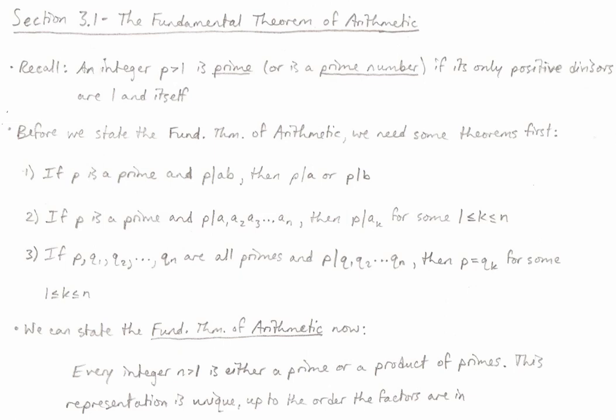But before we get into the actual statement of the fundamental theorem of arithmetic, we need to define some terms, and we need to talk about some smaller facts that will get used. So recall the definition of a prime number. You've all heard of prime numbers. An integer p greater than 1 is prime if its only positive divisors are 1 and itself.